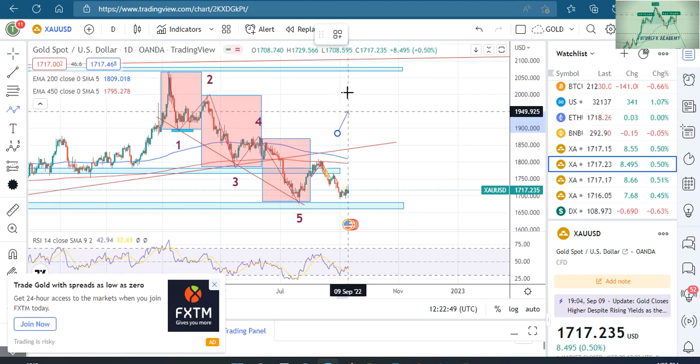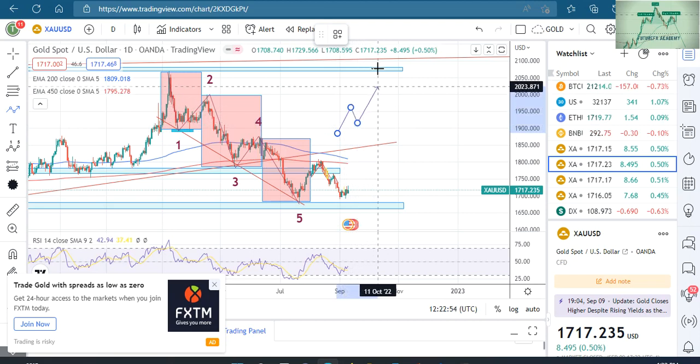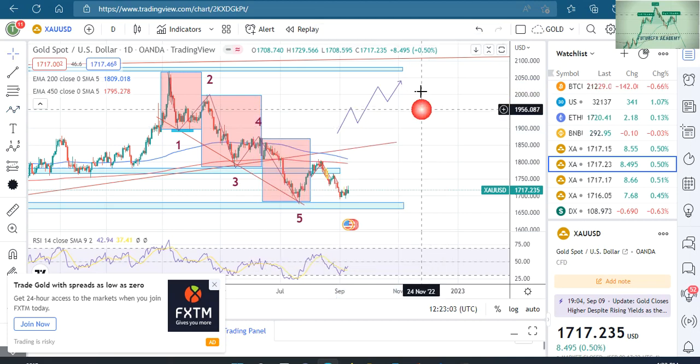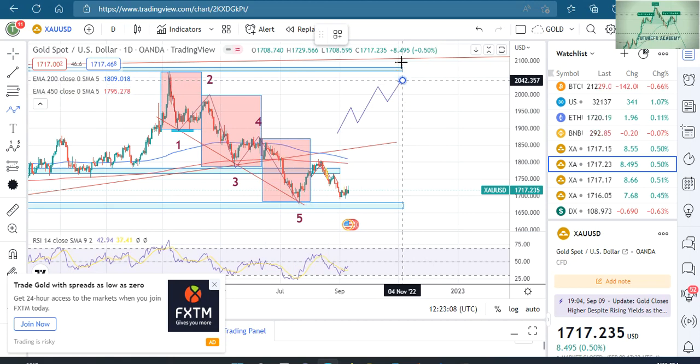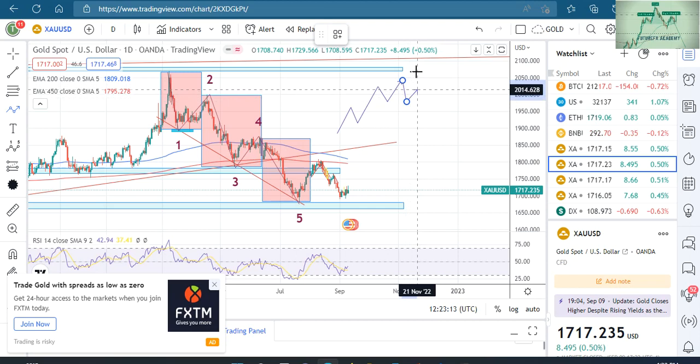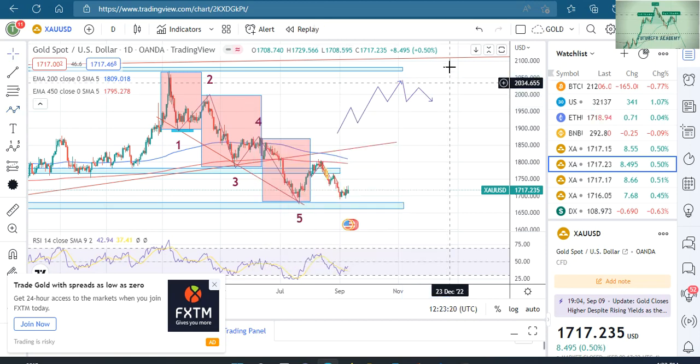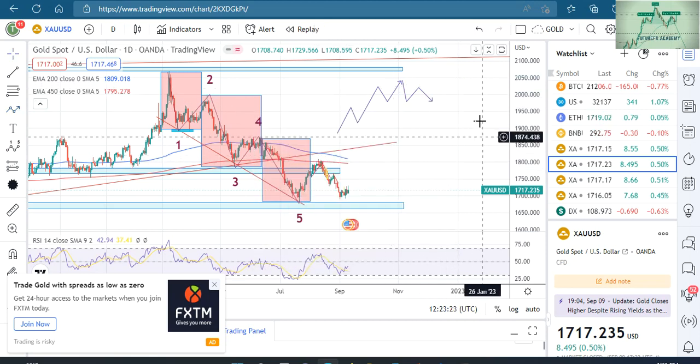After an impulse wave, one, two, three, four, five, we are expected to have a corrective wave XYZ, A, B, C. So we expect something like this.